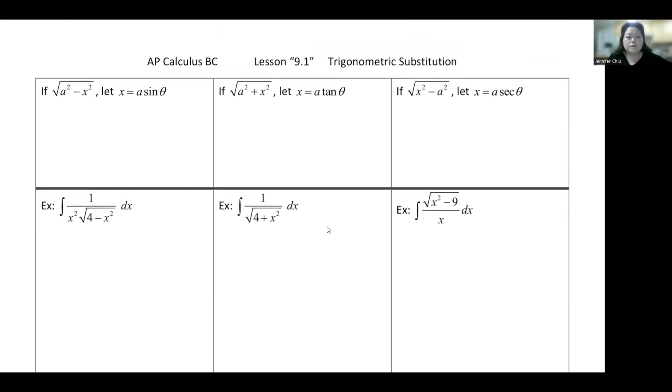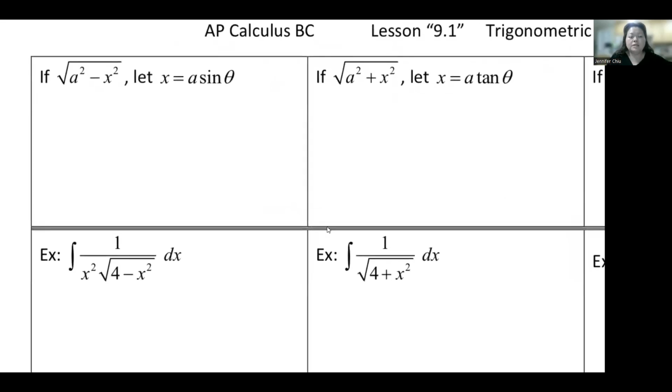Right. So the first scenario here is when your x is being subtracted. So you have a perfect square minus an x squared. It says let x equal a sine theta. So if you let x equal a sine theta, you have a squared minus a squared sine squared theta within your square root.